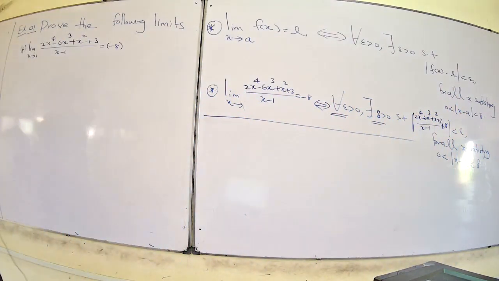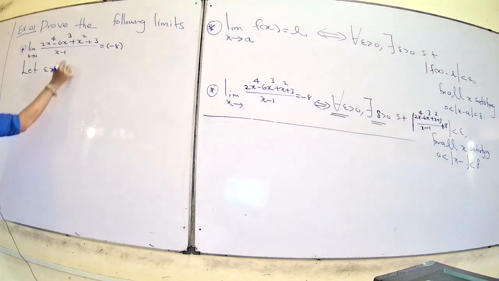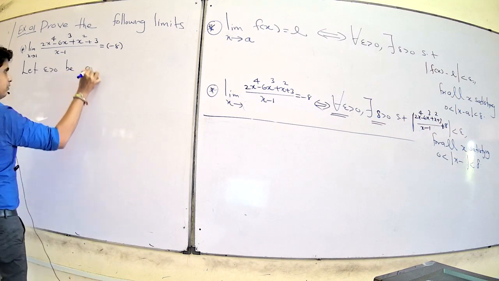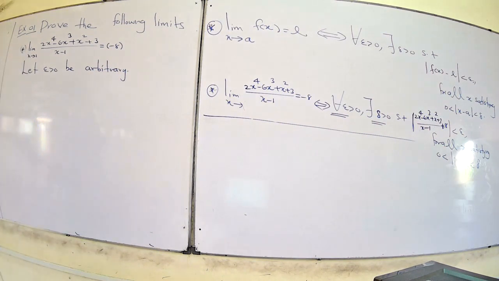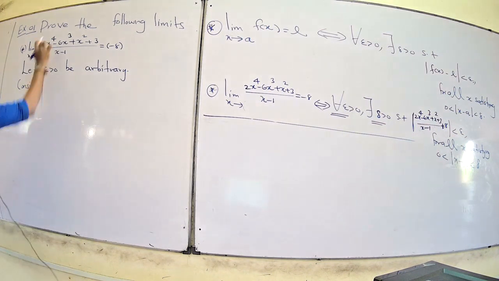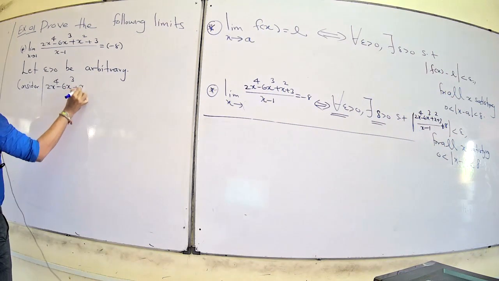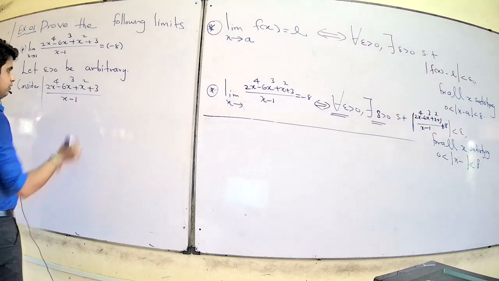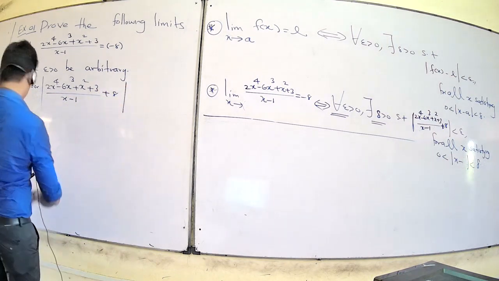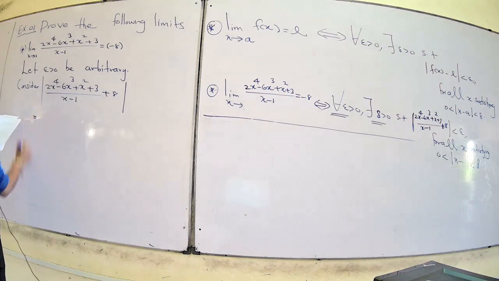Now, let epsilon greater than 0 be arbitrary. Now you consider this one: (2x to the power 4 minus 6x cubed plus 8x squared plus 3) over (x minus 1) plus 8.